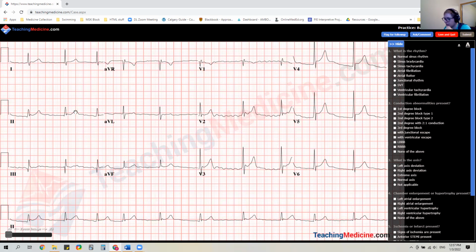Hypertrophy, can't see it in AFib. Left ventricular, probably not. Right ventricular, no, I wouldn't say it's right ventricular. So no hypertrophy.